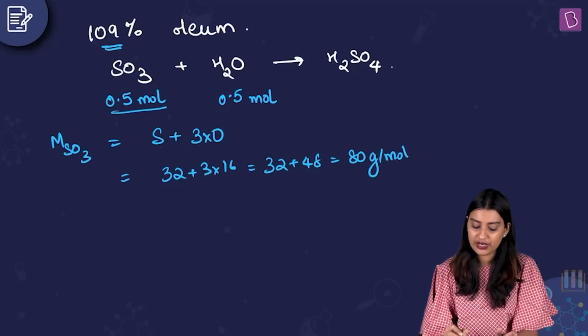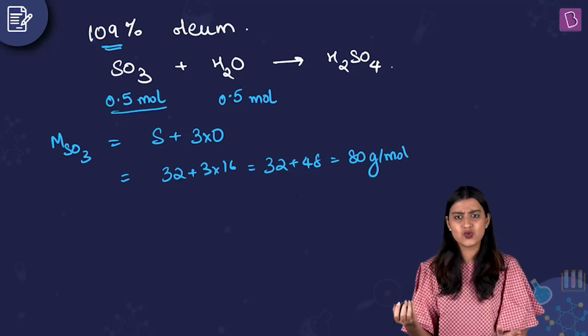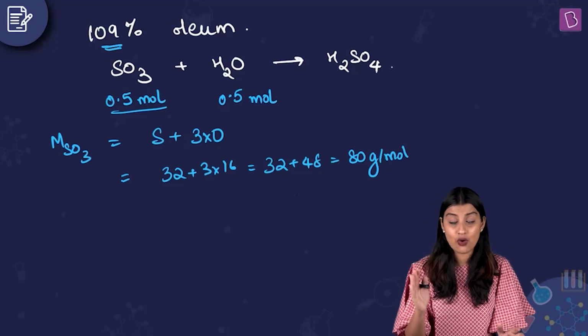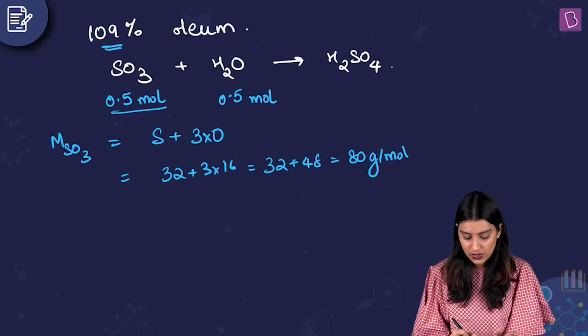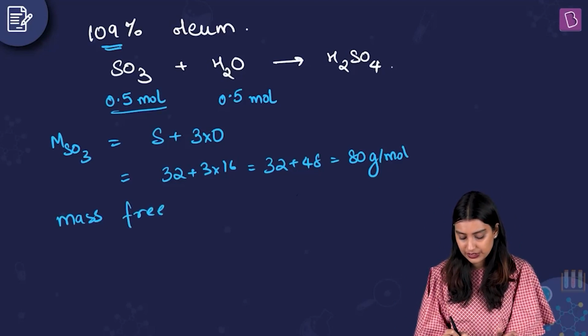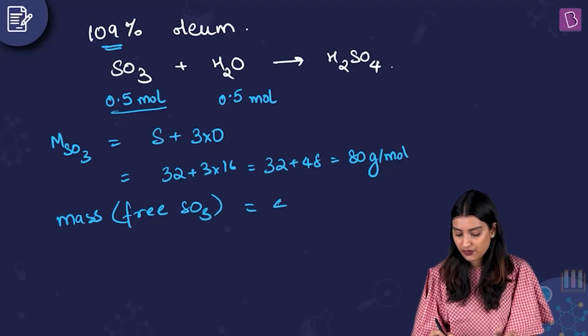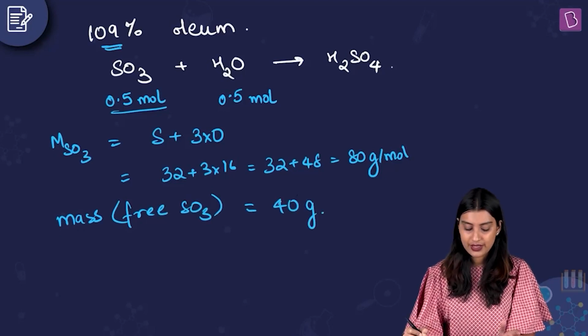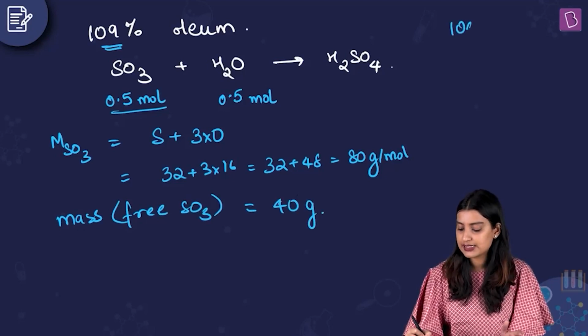So here you have 0.5 moles, which means it corresponds to what? Half of 80, that is 40 grams. So the mass of free SO3 is going to be 40 grams. And my basis is 100 grams.